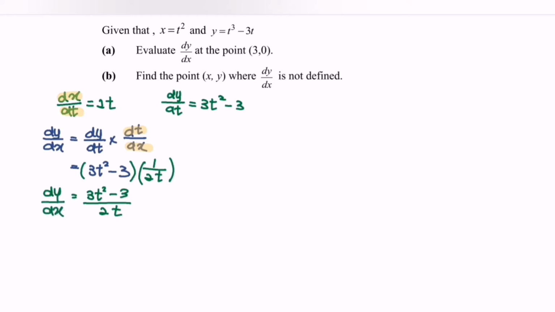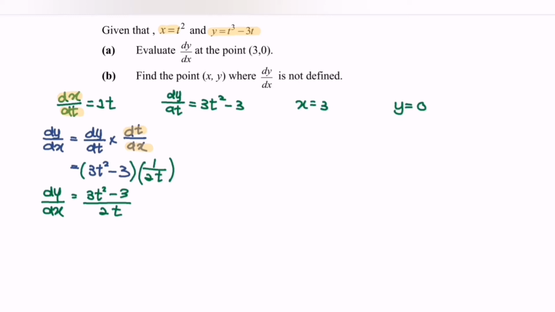Then the question asks us to evaluate the value of dy/dx at the point (3, 0). 3 is the value for x and 0 is the value for y. So now we are going to substitute the 3 and the 0 into the equations to identify the value of t.